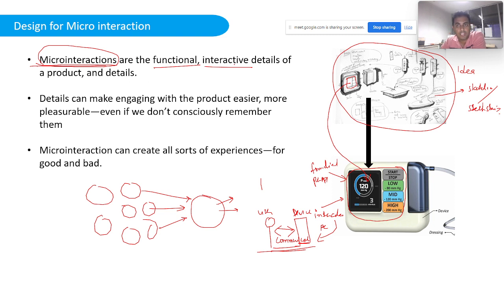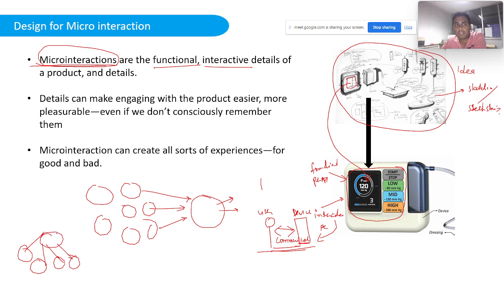So these small design things, what we call designing micro interactions, are actually small sub-level design activities. When we combine them, only then do we achieve the bigger objective.